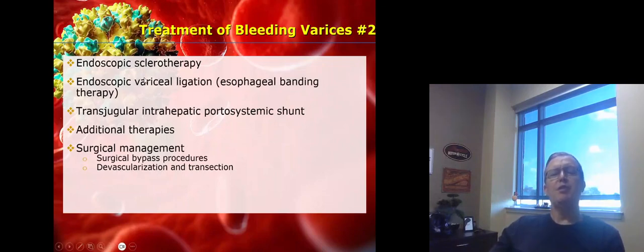You may see the TIPS procedure, as I mentioned earlier, and then there are some additional augmental therapies that you'll see, proton pump inhibitors and things like that, to help manage this going forward. And there may come a time where a patient has to have devascularization and transection or some kind of surgical intervention, surgical bypass, resection.